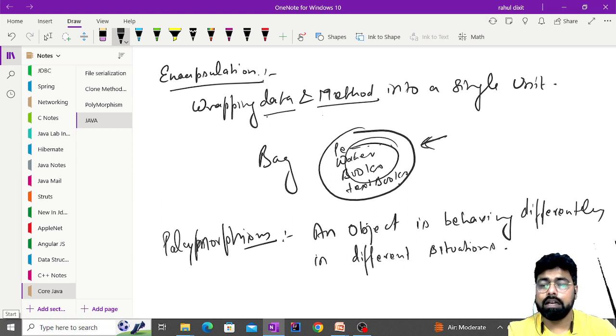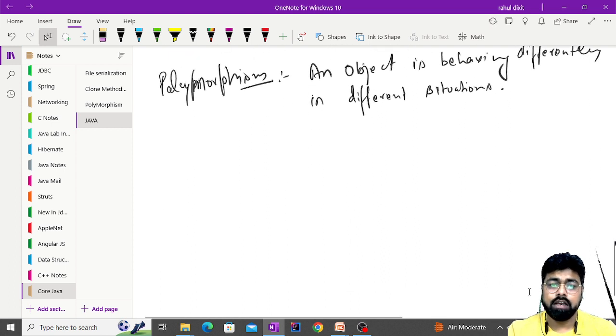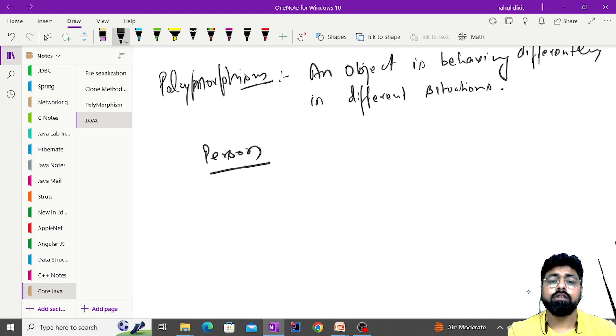What does that mean? Let's suppose there is a person. A person has different characteristics at different points of time.